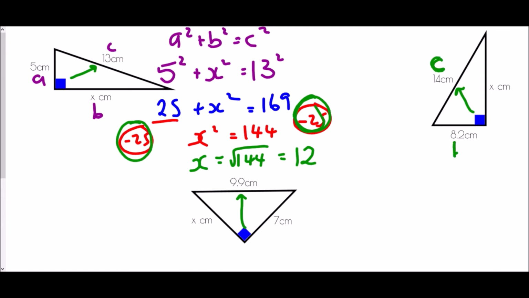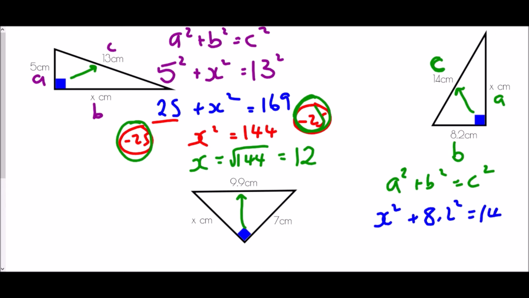We would have b for our base and a for the other side. And so if I write my formula, it's a squared plus b squared equals c squared. a is x, so it's x squared plus b squared, which was 8.2 squared, and c squared, which is 14 squared.